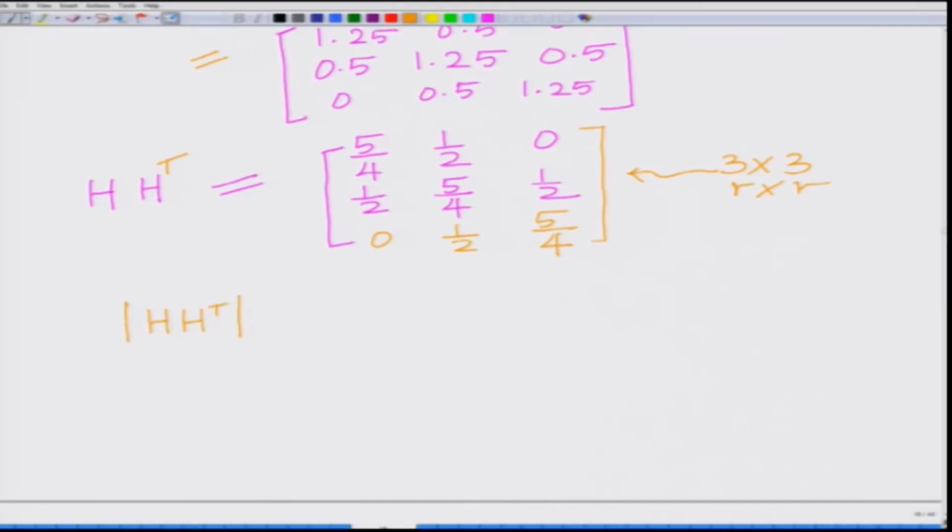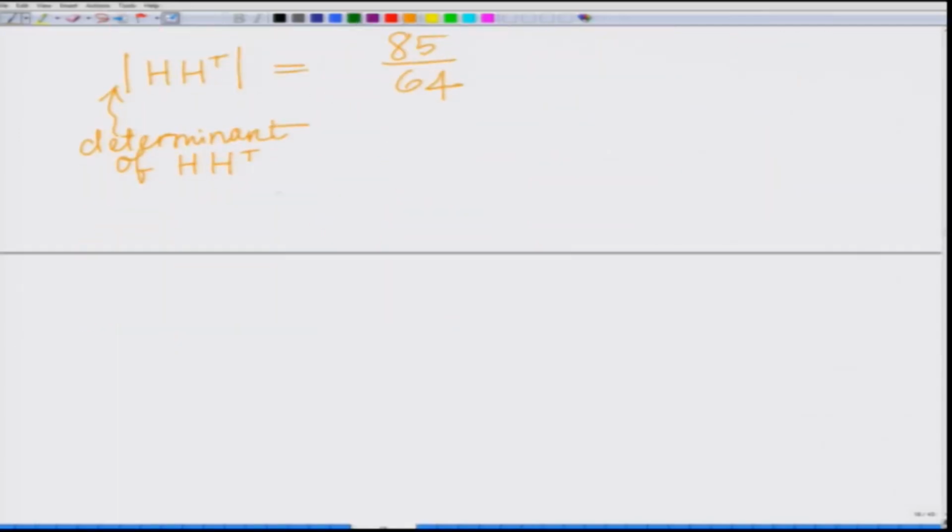We have already found that. You can refer to the previous modules. This is the determinant of H H transpose, which is 85 divided by 64. Now H H transpose inverse is equal to 1 over the determinant times the matrix of cofactors.